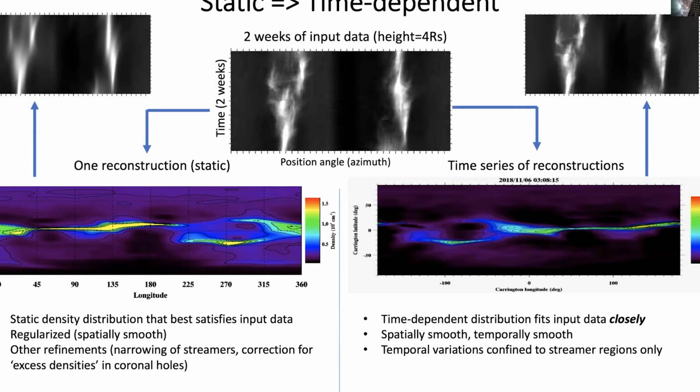The surprising thing about using this time-dependent, smoothly changing density is that suddenly we're replicating the fine-scale fuzziness of the streamer belts in the original observation. This is an important qualitative point: even smooth, slowly changing density variations in the streamer belt can give the quite intricate, fine-scale fuzziness we see in the coronagraph images.